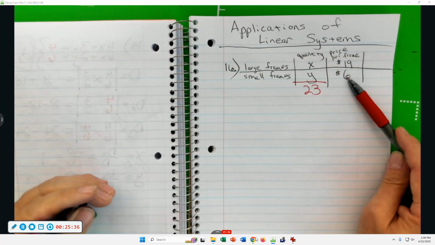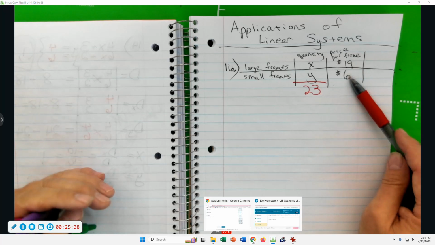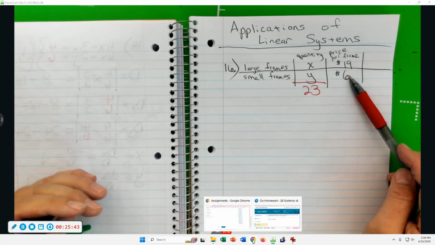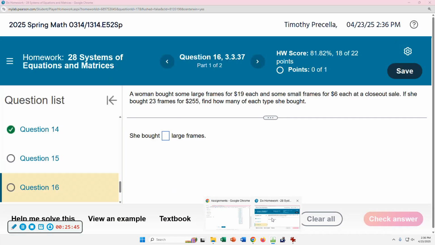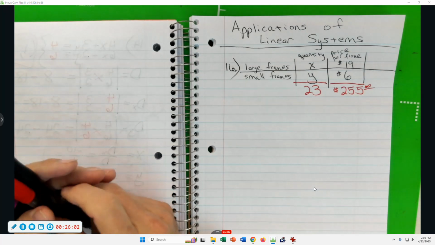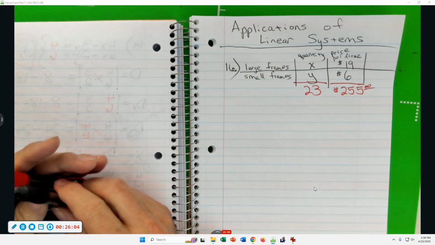Next, the price. They give us the price. We have the large frames cost $19. Small frames cost $6. How much money did she spend? Let's total up the amount of money that was spent. What does the problem say? She spent $255 on these frames. Any questions on our logic?